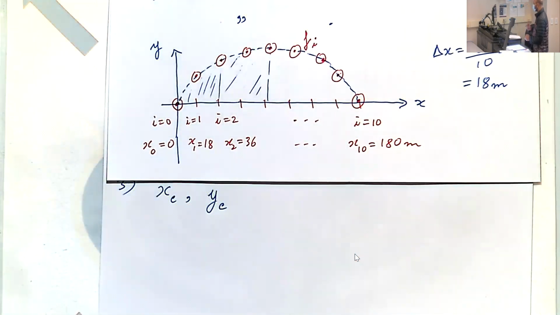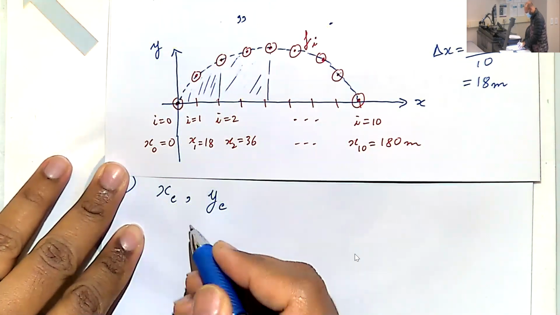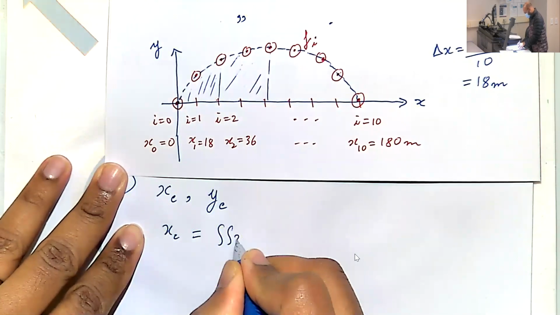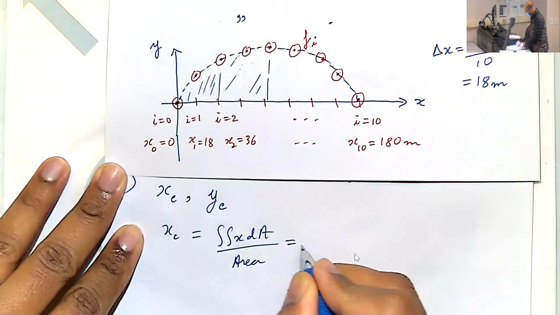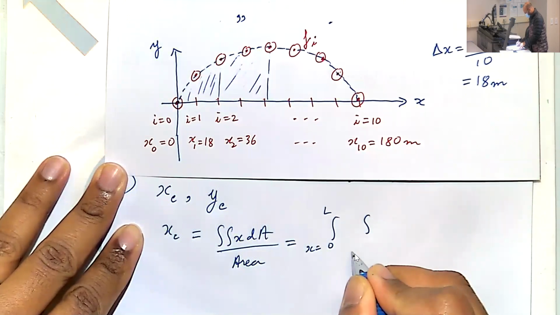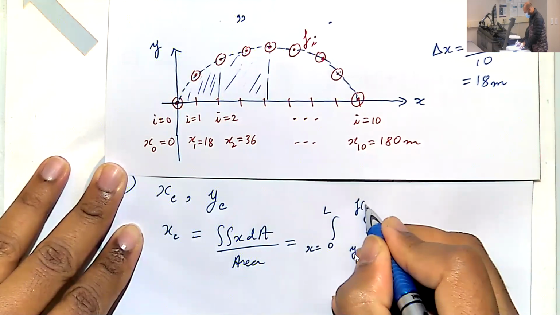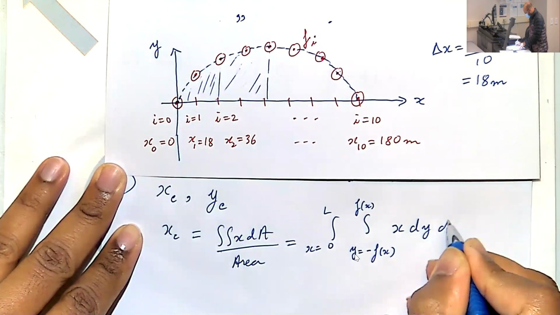You know how to do this? Let me help you set it up. It's the same as we did for the homework example. So xc will be the double integral of x dA divided by area, which is 0 to L, y equal to negative f to plus f, x dy dx.